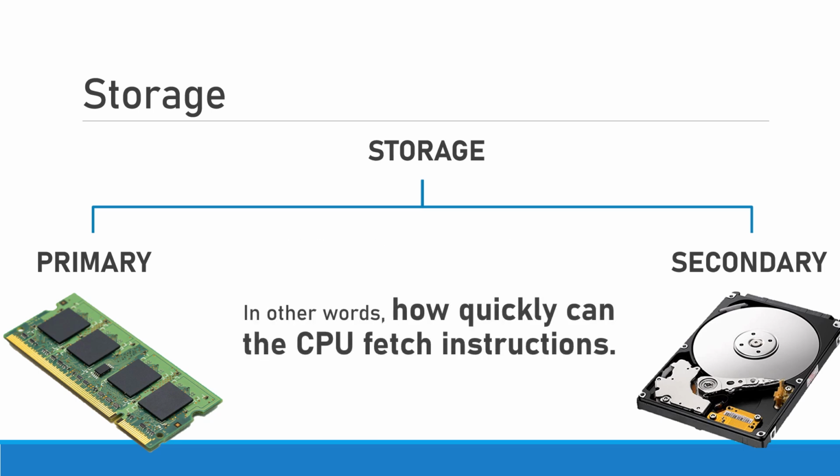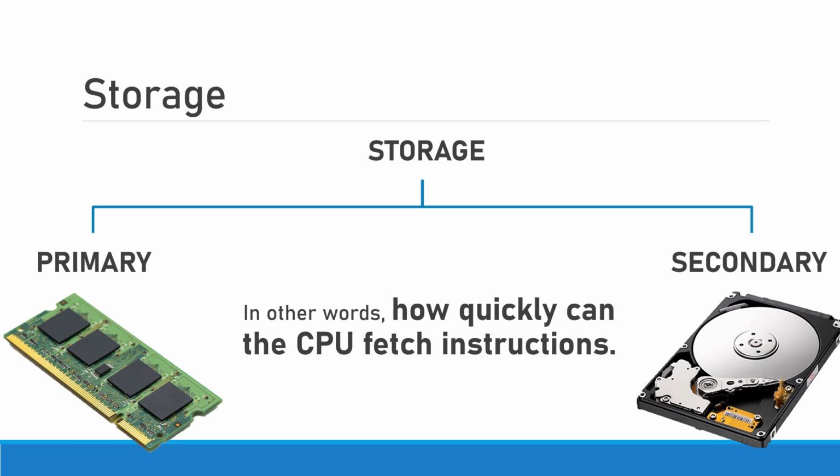And everything about speed in computer science is going to be a good thing. We want our programs to open up really quickly. We want our files to save quickly. It's all about how quickly the CPU can fetch instructions.